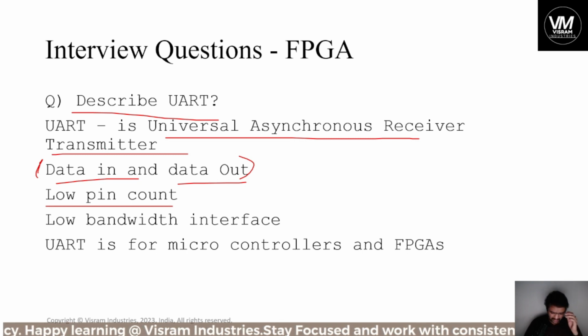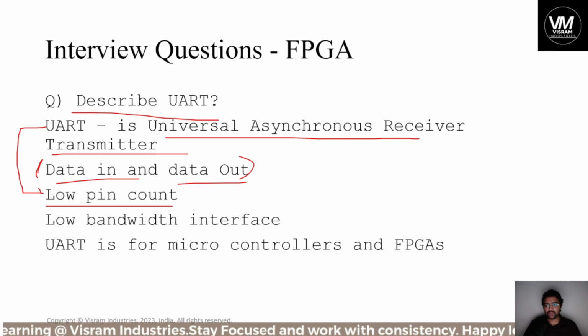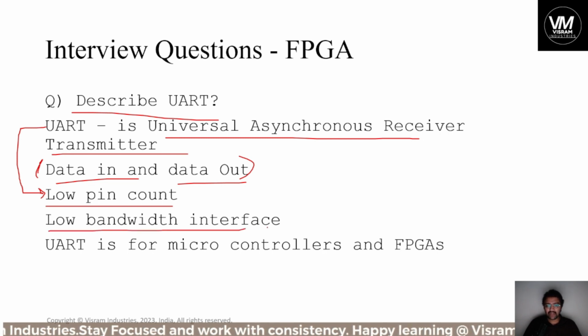It doesn't require more than 3 or 4 pins, and it has only a low bandwidth interface, so it can be easily operated. It doesn't require more bandwidth of the entire FPGA data transmission. It only utilizes minimum bandwidth, and it is a go-to protocol.